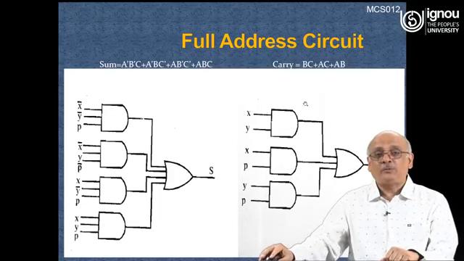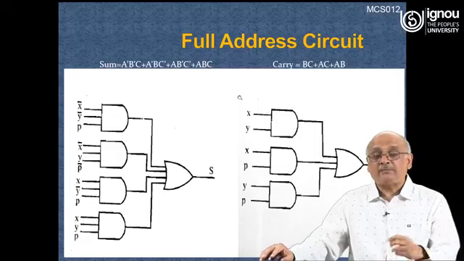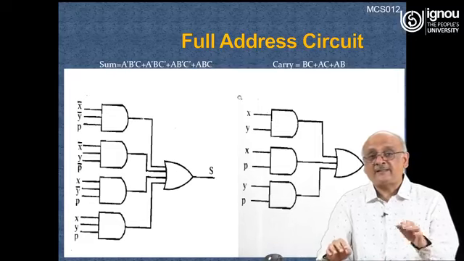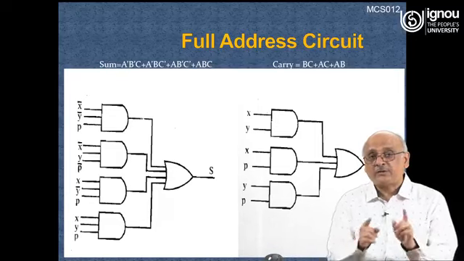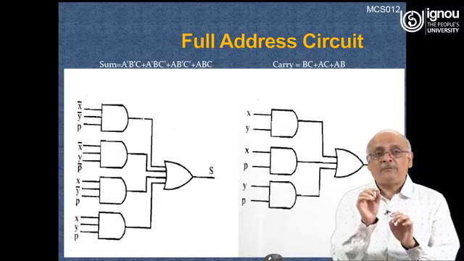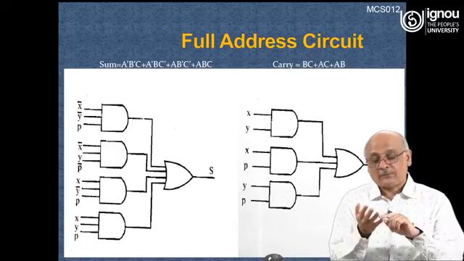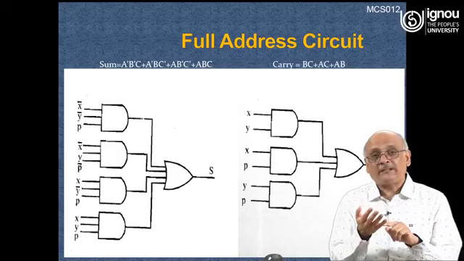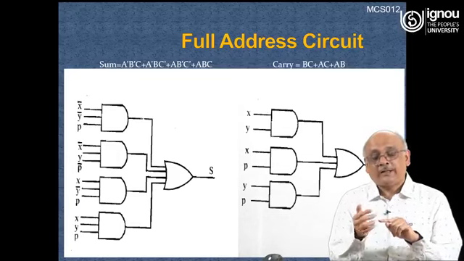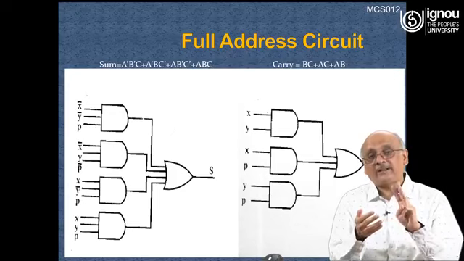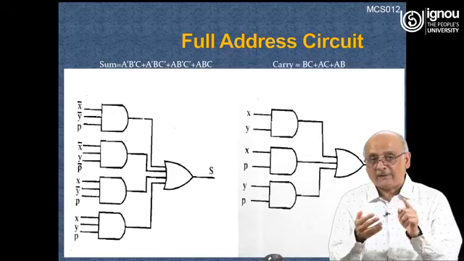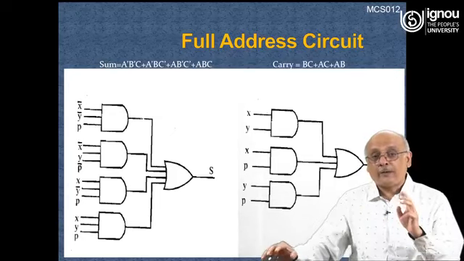But now let us move to another circuit which is designed with the help of the full adder, and that makes the understanding slightly more detailed. This was only 1 bit being added, but our numbers are larger. First we started with 1 bit, then we added 2 bits with the half adder, and 3 bits with the full adder.